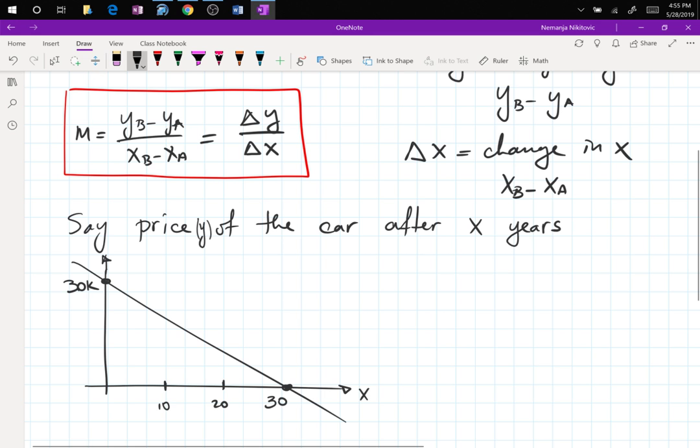We can come up with a slope because this 30K is going to be year 0 and 30,000, and this point here would be 30 years and 0 value.